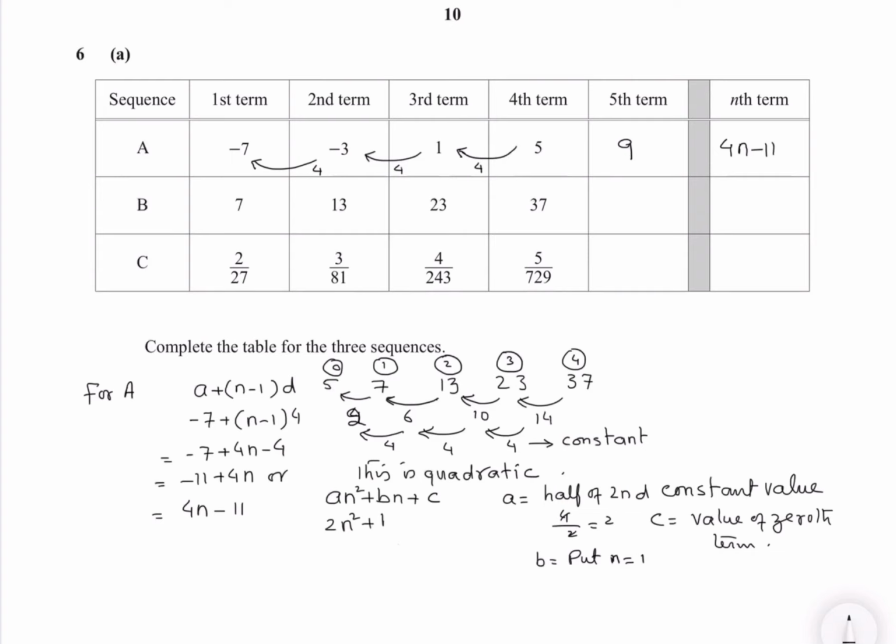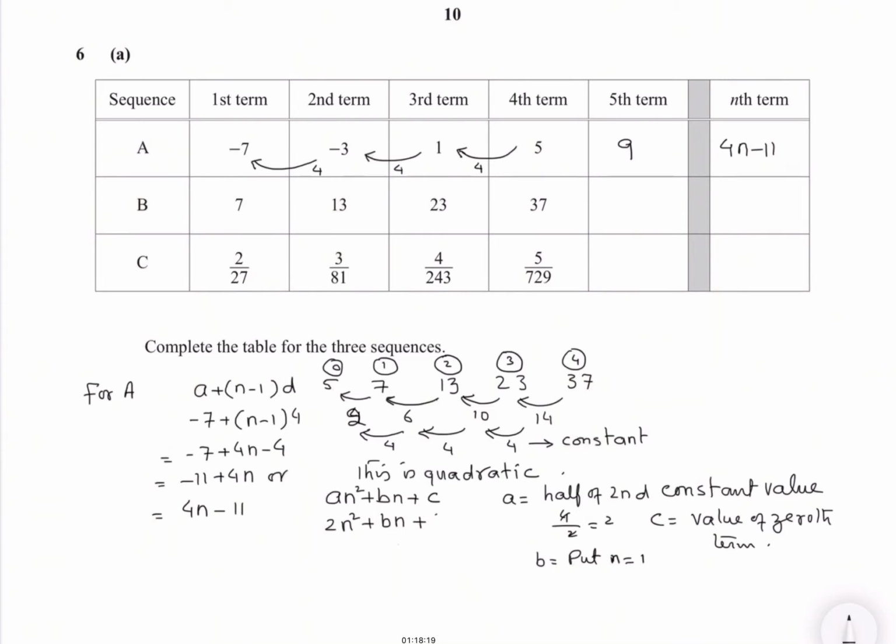So every time you are reducing 4, 4, 4. So you subtract 2 from 7. So you got 5. So this is your 0th term.